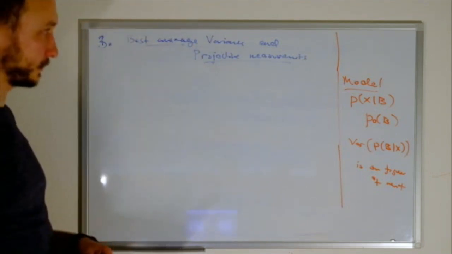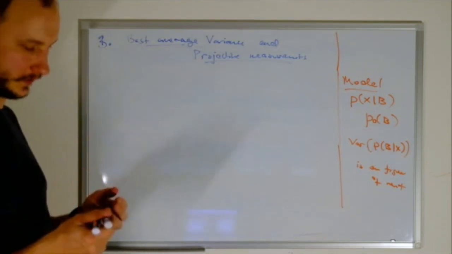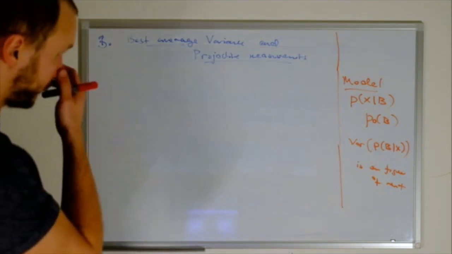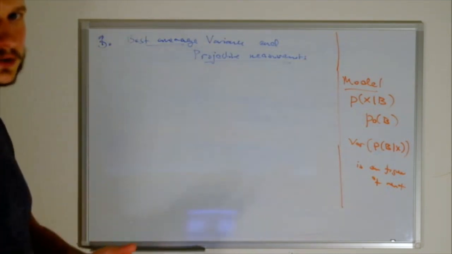It's nice because it's one of the rare cases which you can solve explicitly and get the best measurement in a very nice form. So it's a good idea to get some intuition about this thing. But then we'll move on to some more general bounds.